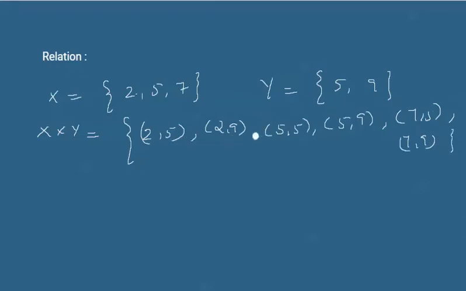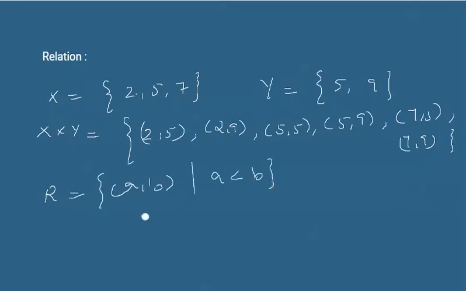Here there are 3 elements, and here there are 2 elements, so 3 twos are 6 elements. Let's see, 1, 2, 3, 4, 5 and 6 elements in X cross Y. Now I want a relation. I'm going to define a relation R is equal to the set of ordered pairs (a, b) such that a is less than b.